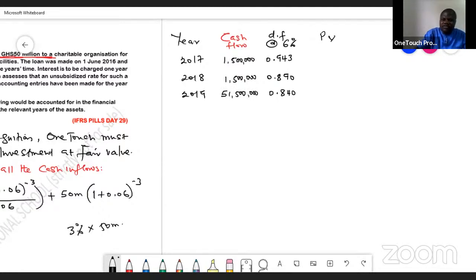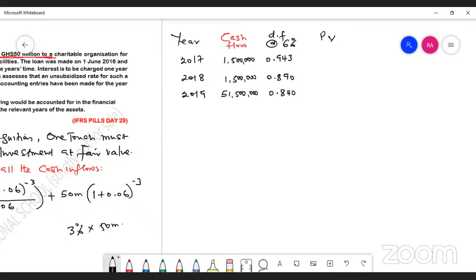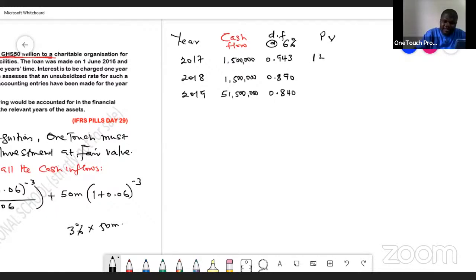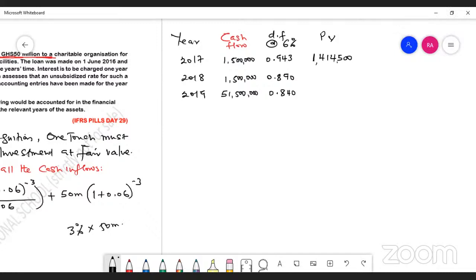So the present value gives us how much? The first one, 1,414,500. What's wrong with your network, or are you tired?